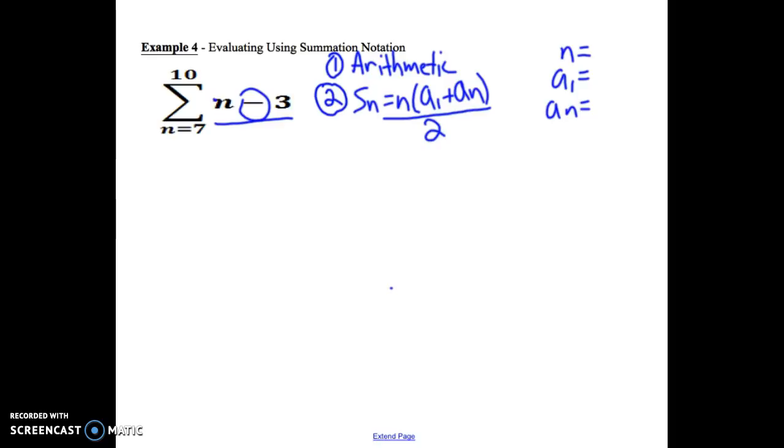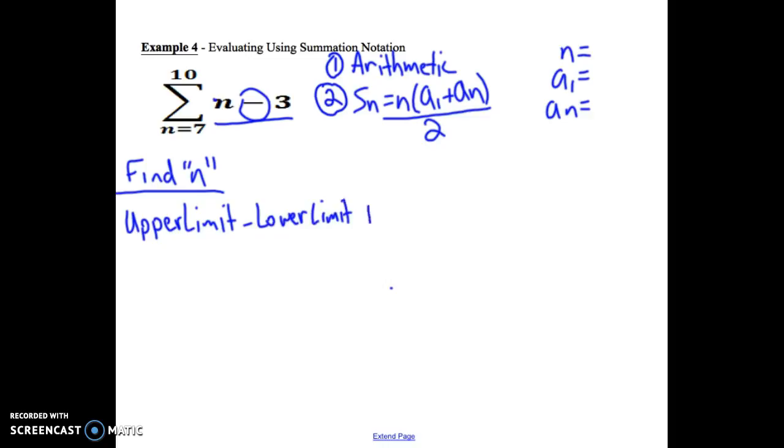Now, in the first part of this, part 3, it gave you n. In this case, n isn't necessarily given to us. So to find n, you need to take the upper limit minus the lower limit, and then add 1.